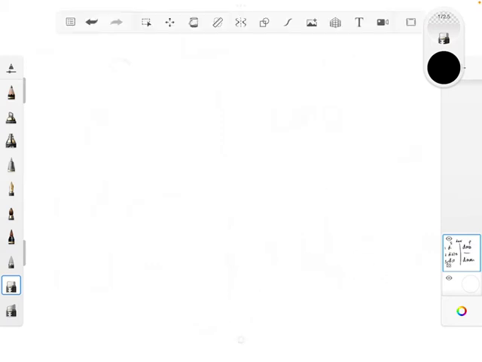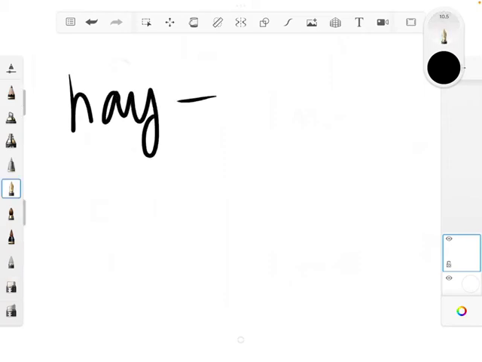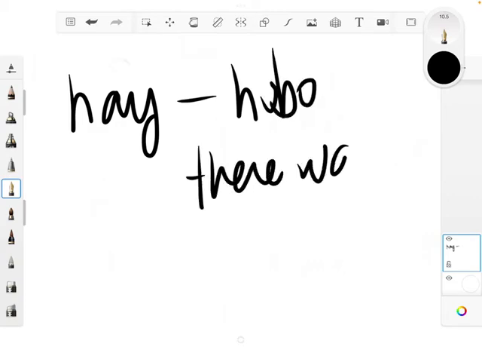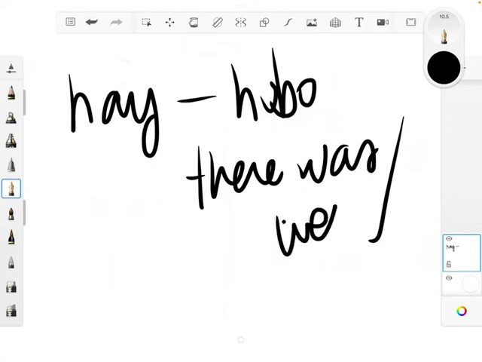And then the preterite of haber is hubo. Okay, so that's what we use for there was or there were. Okay, hubo una fiesta el sábado pasado. Notice that's singular. Hubo una fiesta.